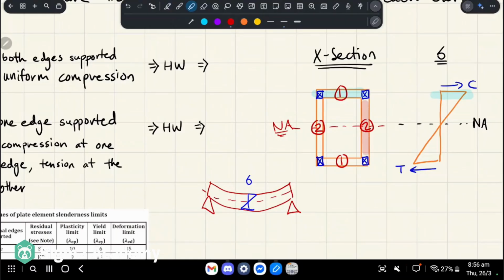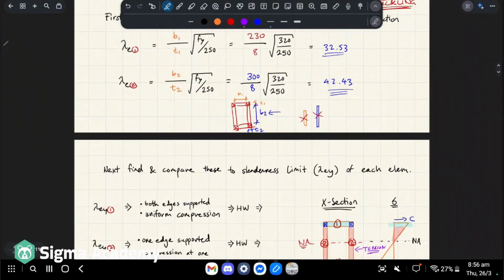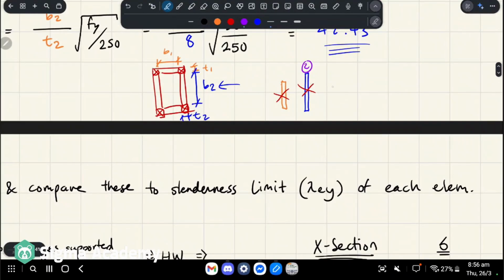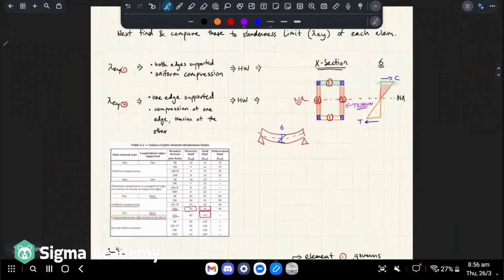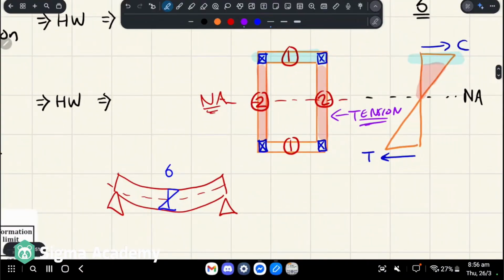Element 2, which I'll do in red, actually not all of it's going to be in compression at once, because only this part is going to be in compression at a time. Parts of it are going to be in tension and parts of it in compression. So even though it's technically more slender, and feels like it's more likely to buckle, the actual stress that it experiences is partially tension and partially compression.